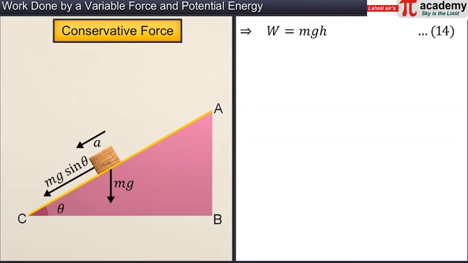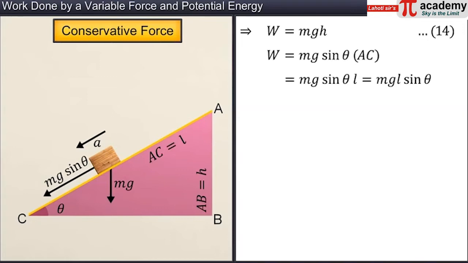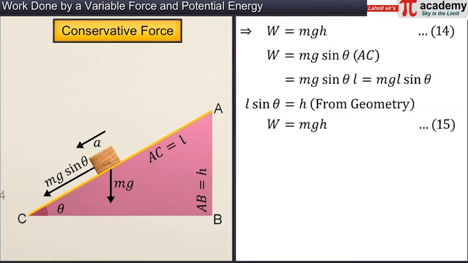The distance travelled by the box is L. And hence, the work done by gravity on it is denoted by the expression W is equal to mg sin theta into L. On simplifying, we get work done as mgh as shown in expression 15.